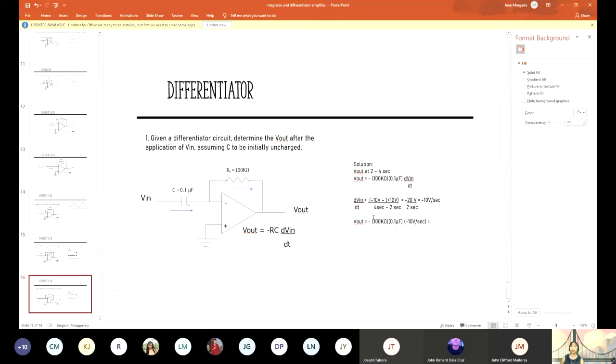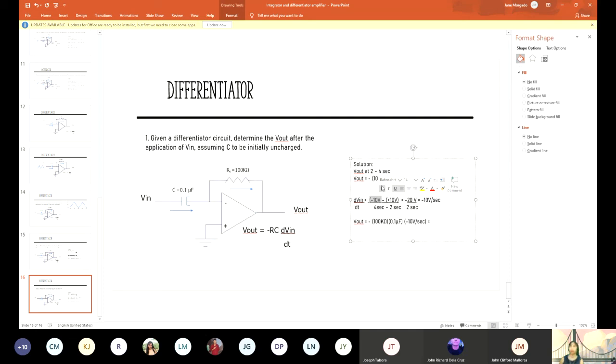So let's see. So our dV is negative 10 minus positive 10. So this is our V2 minus V1. Okay. And from 4 second minus 2 second. So it's still 10 volts per second, but now we have a negative 10 volts per second.